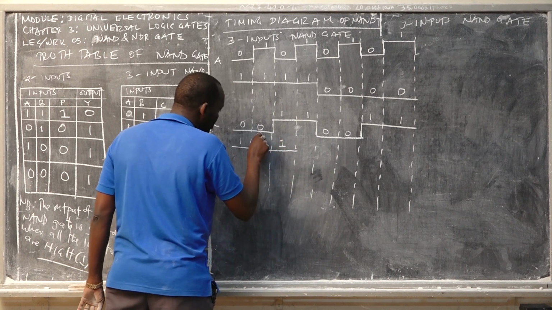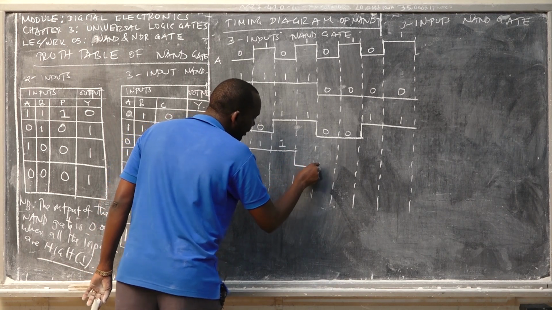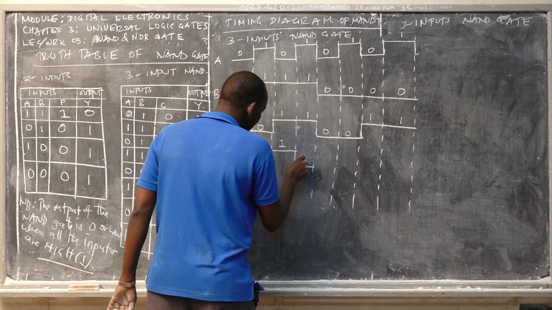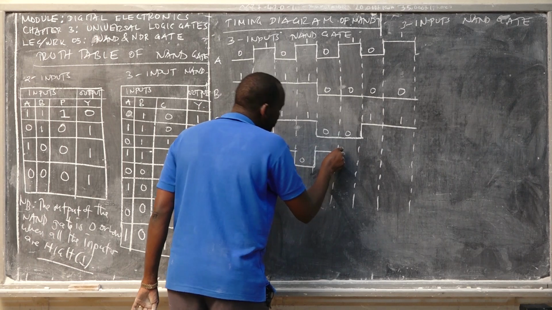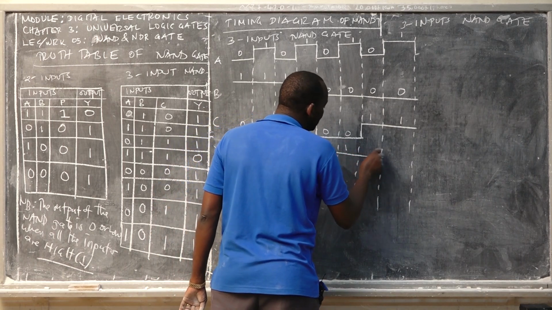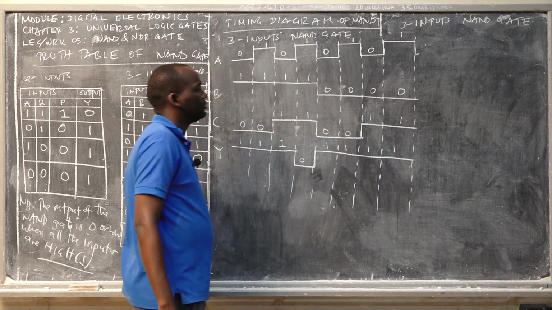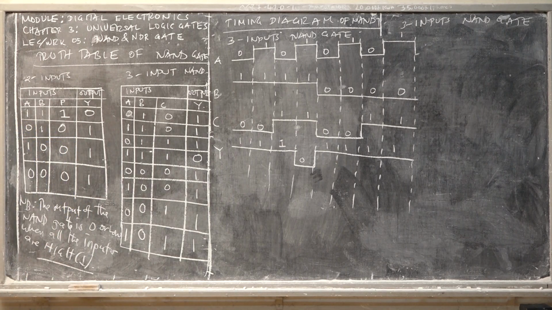The fourth bit is what? 0. The next bit is what? 1. The next bit is what? 1. The next bit is what? 1. So this is our timing diagram. Is it interesting?